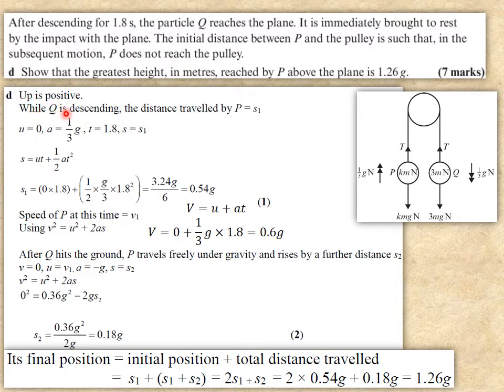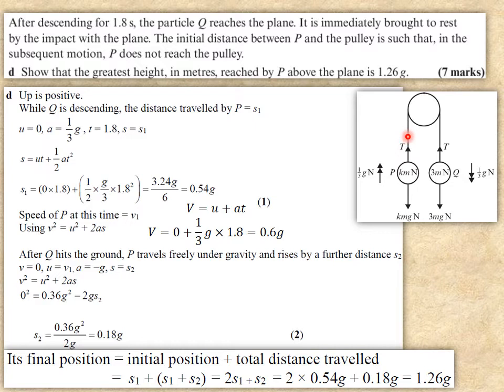Taking up as positive, while Q is descending, the distance traveled by P, let us say it is S1. Because it is starting from rest, they gave you acceleration and time, you can use simple kinematics, substitute, and you get the answer. S is 0.54 G, and because we want the answer in terms of G, we leave it like this, we don't substitute 9.8. Now this is S. At the same time, use the same information to find V also, because the velocity of Q when it reaches the ground will be the same velocity when P reaches this point, correct?